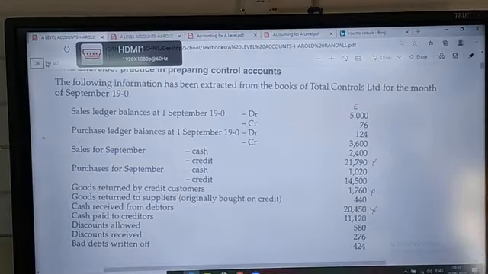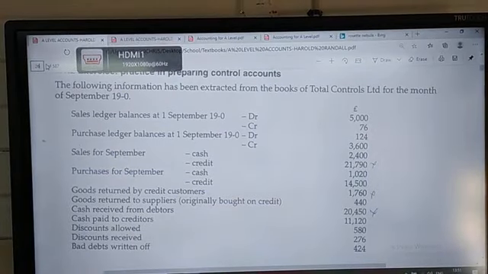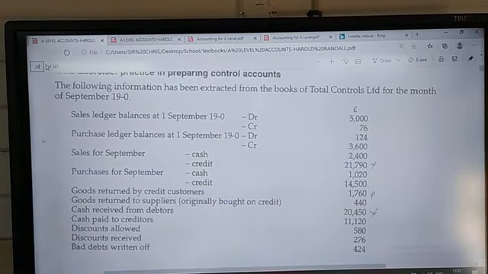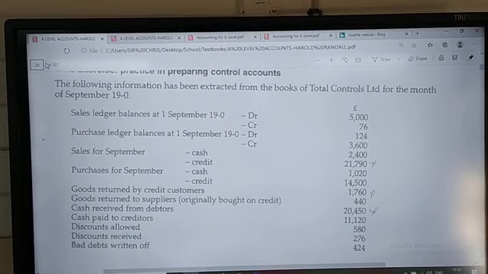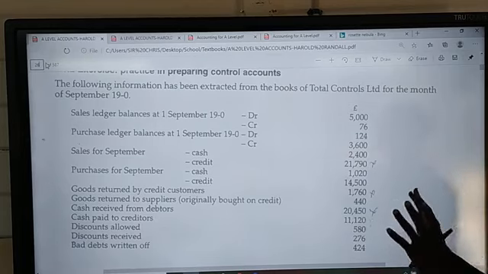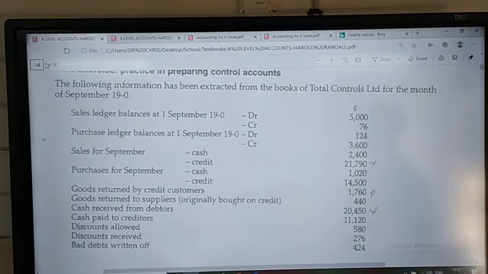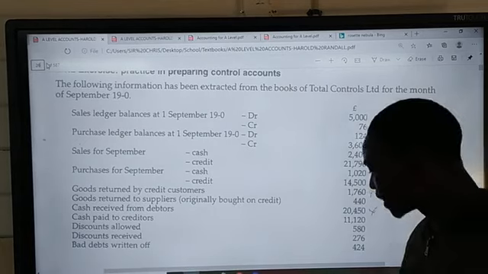If we check from our question, we have purchases ledger, sales for September, they are cash and credit. Then purchases, we also have cash and credit. But remember, when we are preparing control accounts, we are only concerned with credit sales, because these are for creditors and debtors, which is receivables and trade payables.